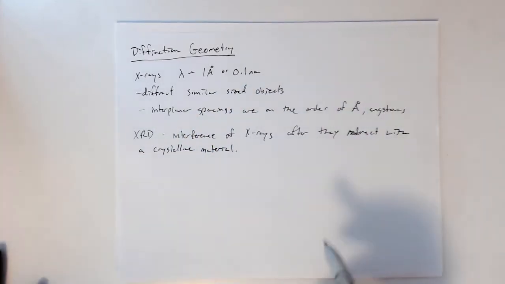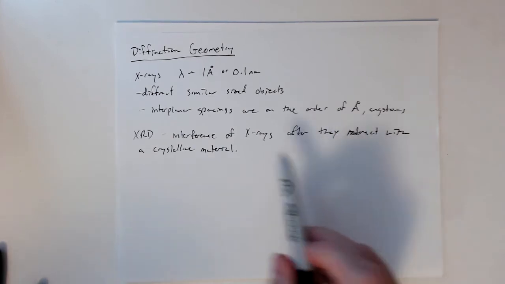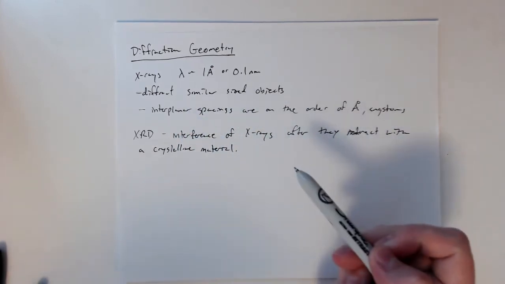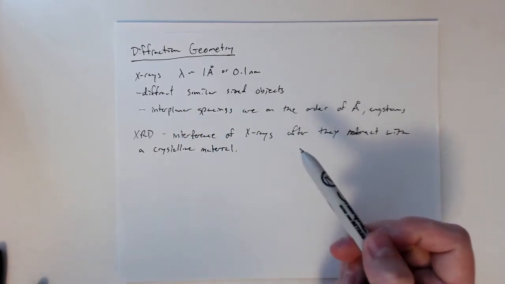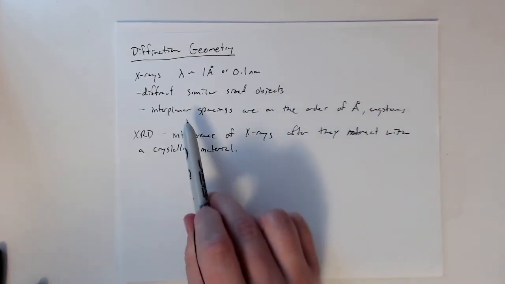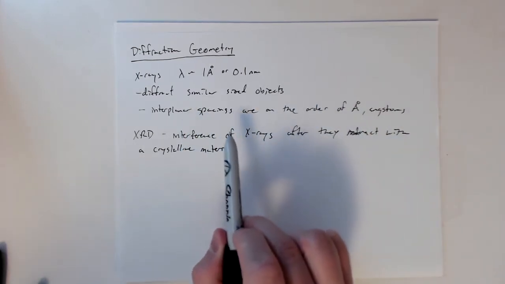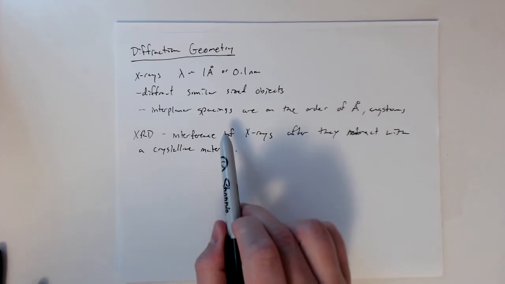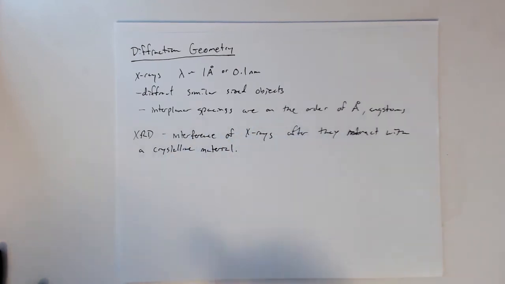So this is why we needed to talk about the things that we did. I mentioned the crystal structure, so we have to know how to describe that crystal structure. We talked about interplanar spacings and how the reciprocal lattice discusses this. And so this is why we had to have that review of all of those topics.